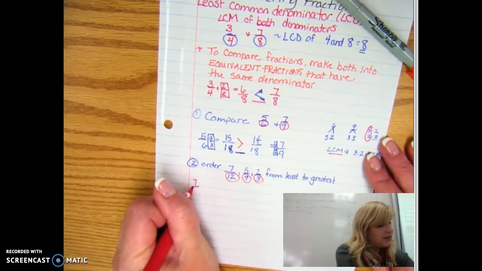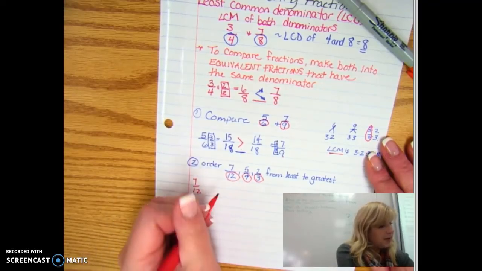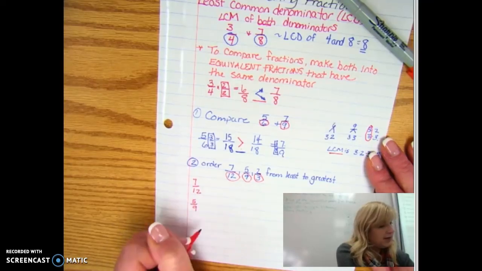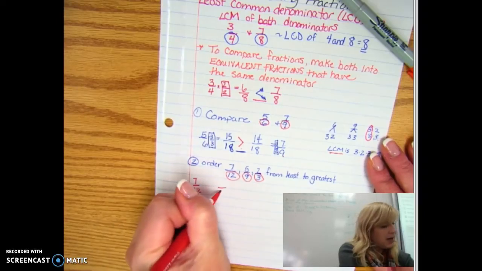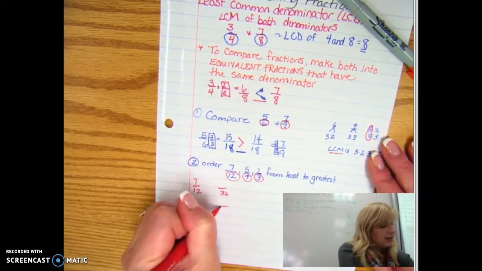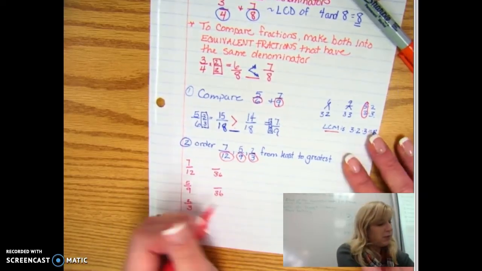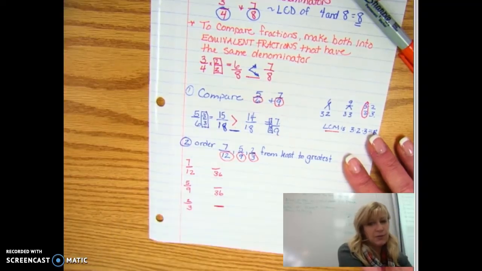So if I have 7/12, and then I have 5/9, and then I have 2/3, I know I want to make them all into 36ths so that I can compare them. This is a lot like what you did when we were working with the metric system and we were doing the swooshes.